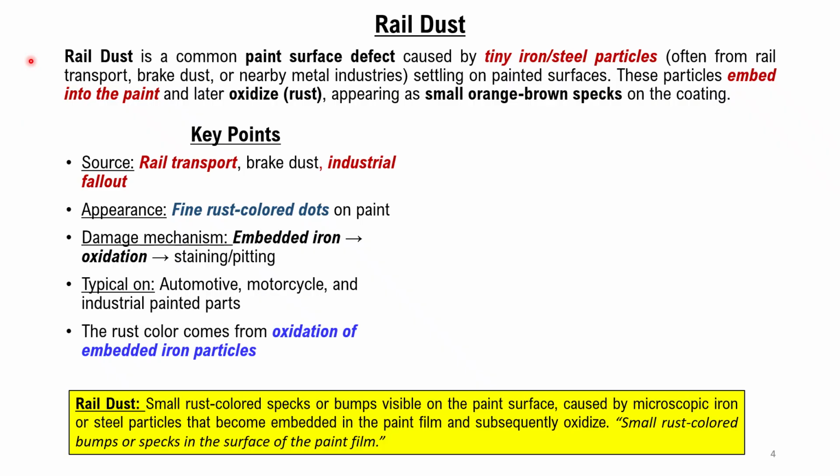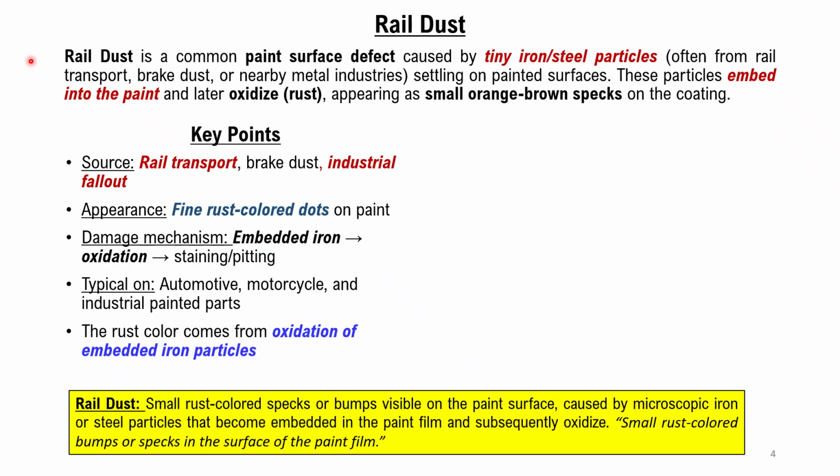Rail dust is a common paint surface defect caused by tiny iron or steel particles, often from rail transport, brake dust, or nearby metal industries, settling on painted surfaces.